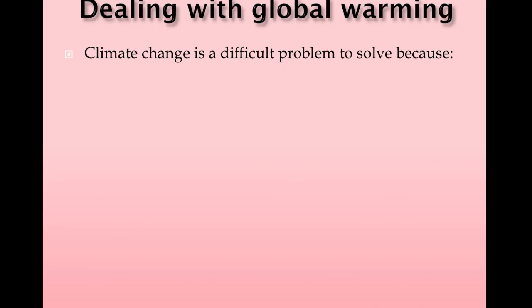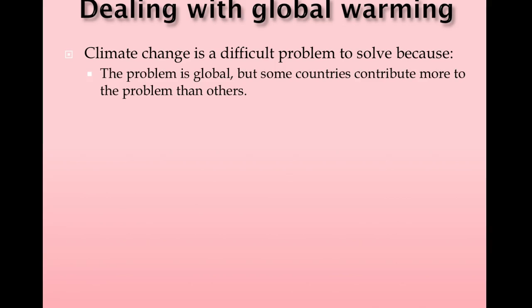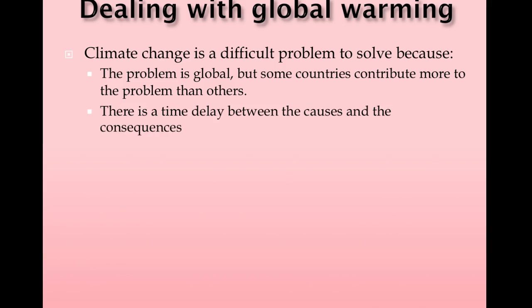Right, so how do we deal with climate change? Well, it is difficult. There are a couple of ways that you might do this, but because the problem is global, some countries contribute more than others in terms of pollutants. There's a time delay. So even though we have emitted some of these chemicals for 100 years or so, there's been such a delay that the cause and the consequence are often hard to connect.